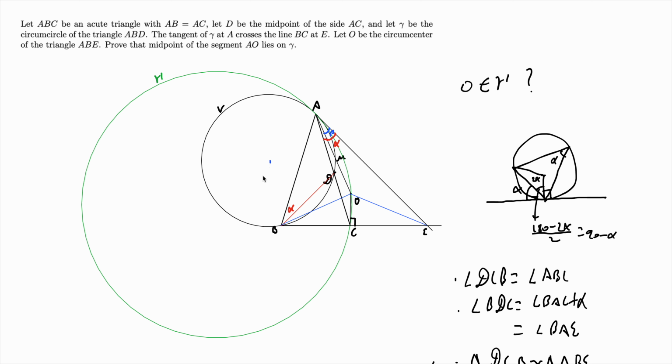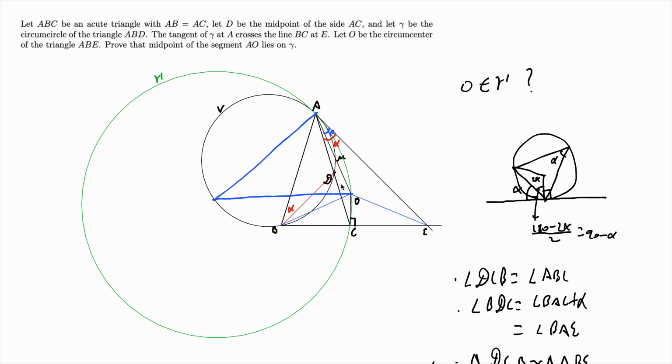Then we know that this angle is, first of all, because this is the center and this is obviously tangent, we know that this is 90 minus beta.